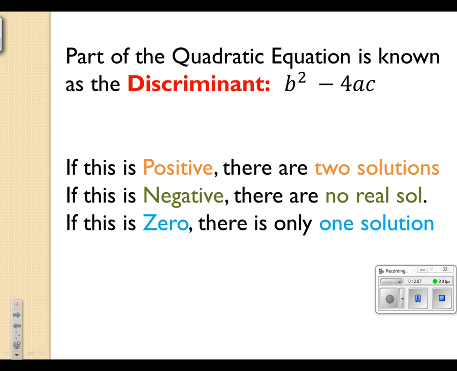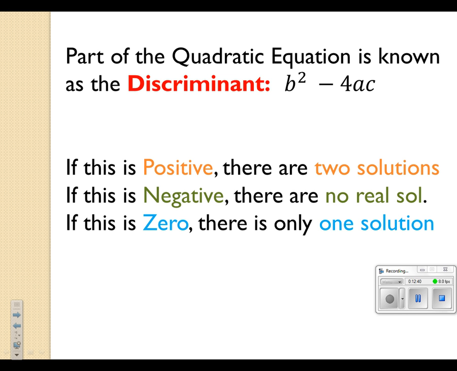The discriminant, which is the b squared minus 4ac part, is really important in math for a few different reasons, and this is why. If you solve that part, b squared minus 4ac, and you have a positive number, we can find roots of positive numbers. Every positive number has 2 roots, a positive and a negative version. So if your discriminant is positive, you will have 2 answers.